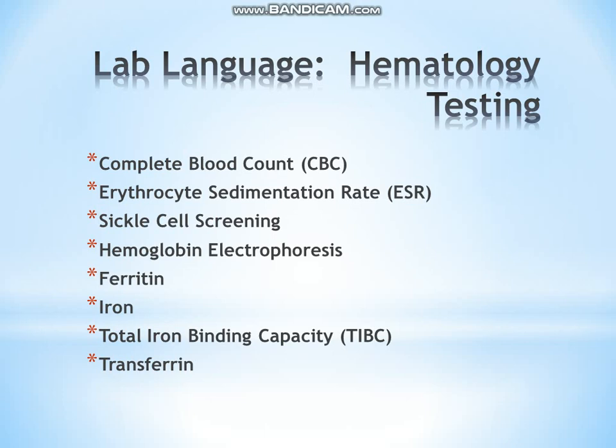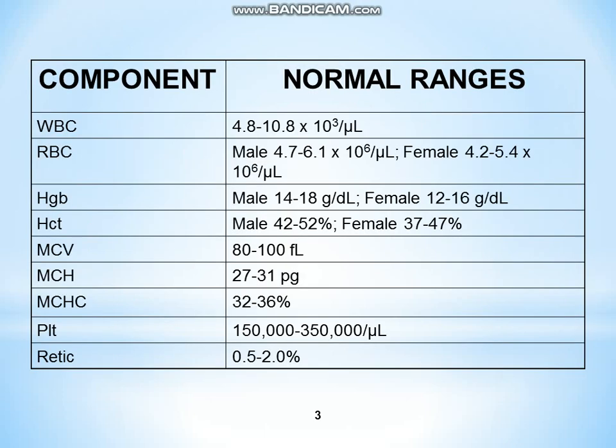These tests are complete blood count, erythrocyte sedimentation rate, sickle cell screening, hemoglobin electrophoresis, ferritin, iron, total iron binding capacity, and transferrin. Now this slide is showing the normal ranges of the different components of the blood.